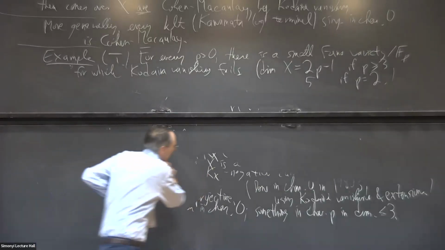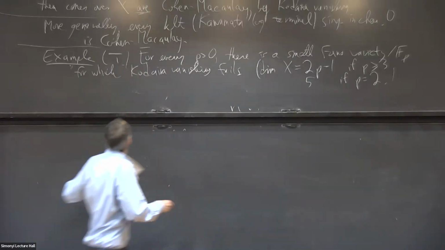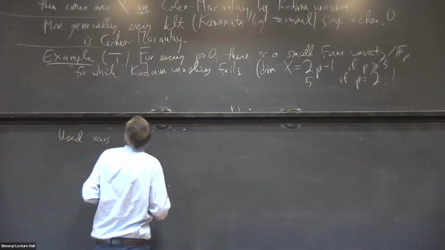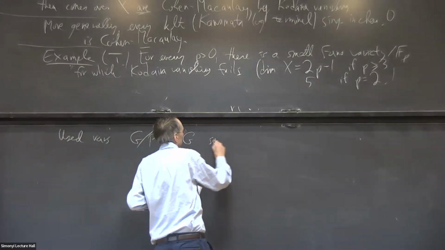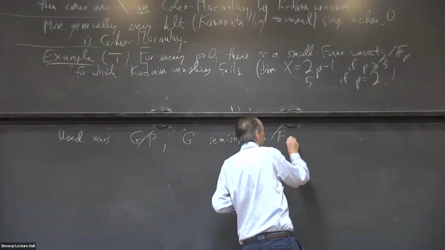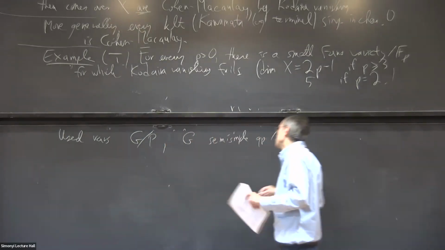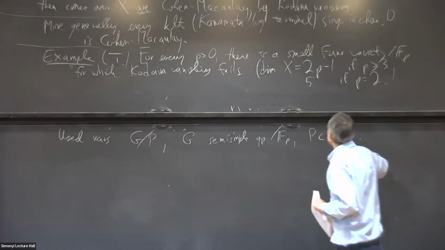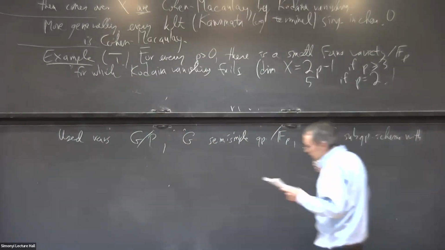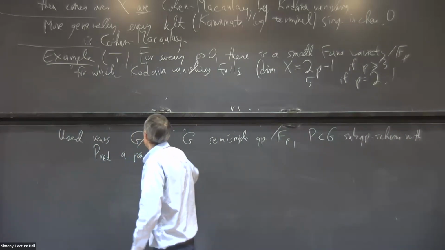There are a lot of options for that, but the one that I used here was varieties like G/P, where we use a semisimple, even split group G over F_p or F_p bar, and P is a non-reduced, so to speak, parabolic subgroup scheme. So not reduced, but with reduced locus a parabolic subgroup.